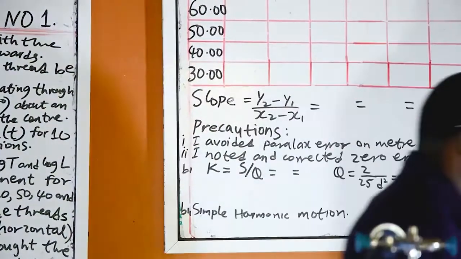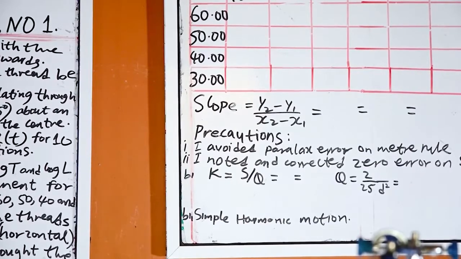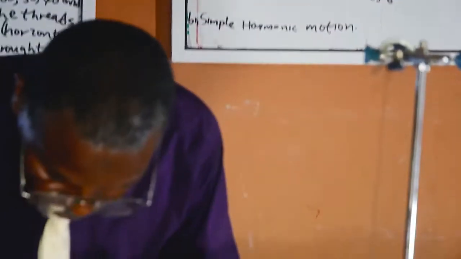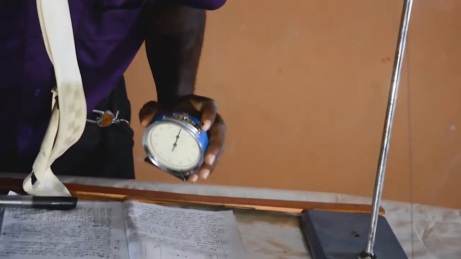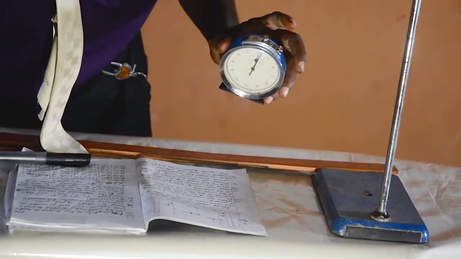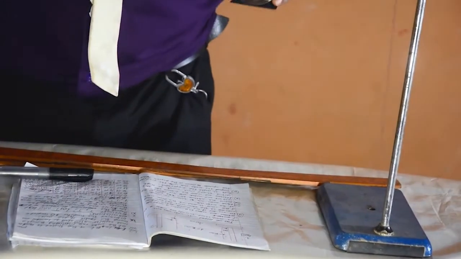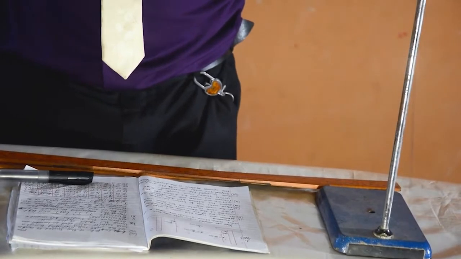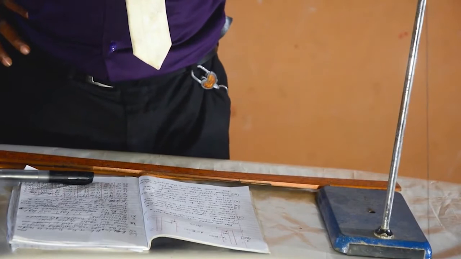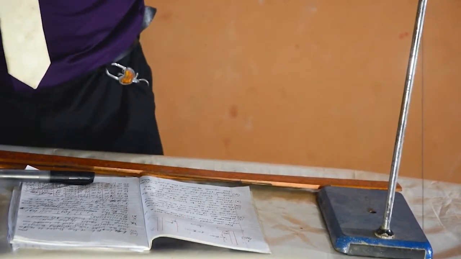Then I'm going to repeat this once again, this length of 70. 1, 2, 3, 4, 5, 6, 7, 8, 9, 10. 16 seconds again.